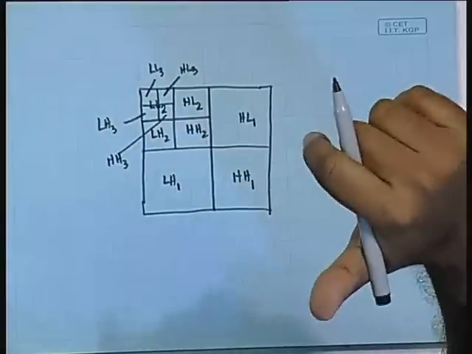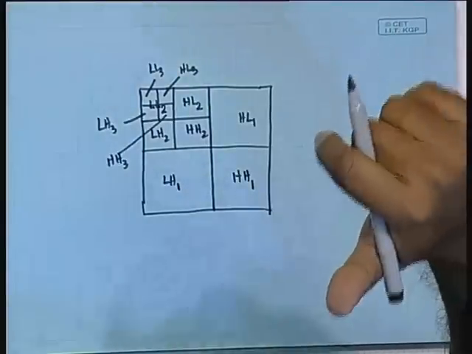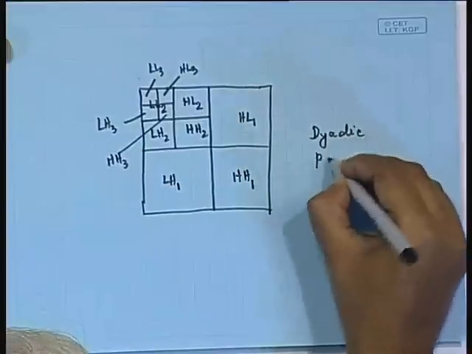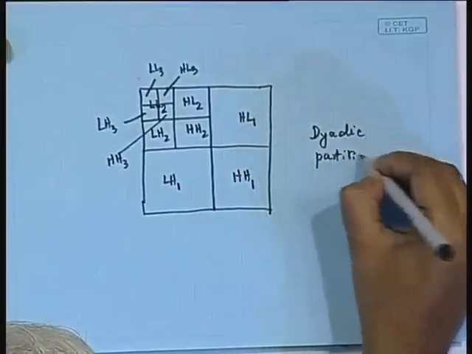Now, this way of partitioning the LL subband, and obtaining the further subbands out of it, this method of partitioning is called dyadic partition. Okay.